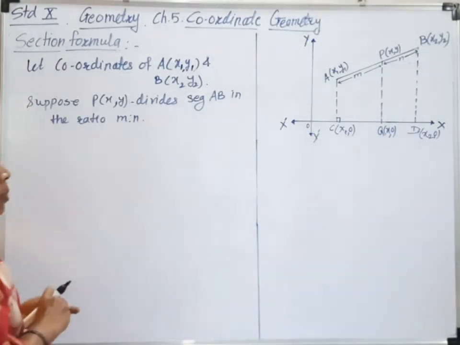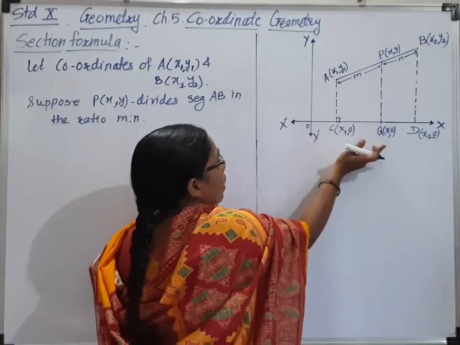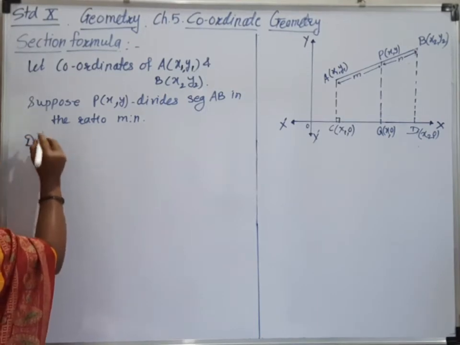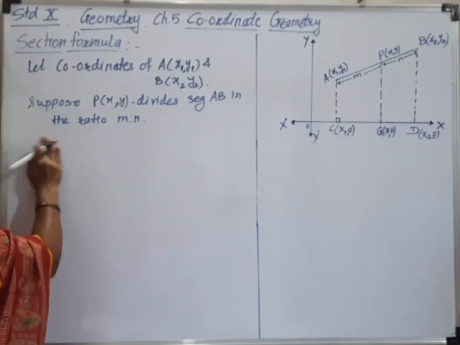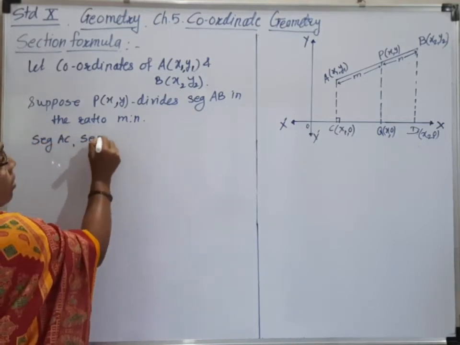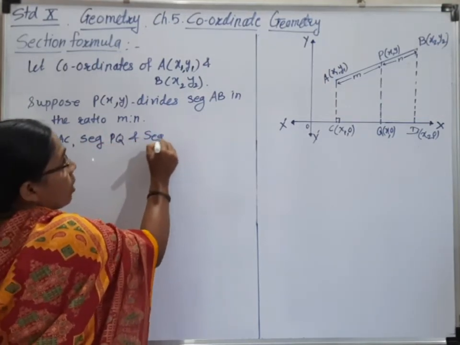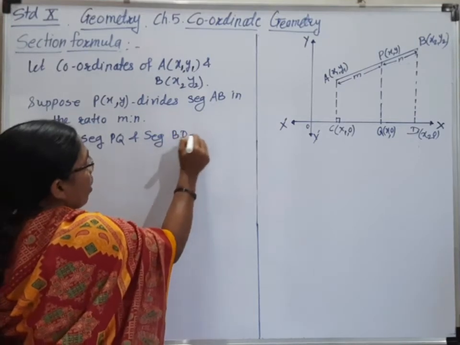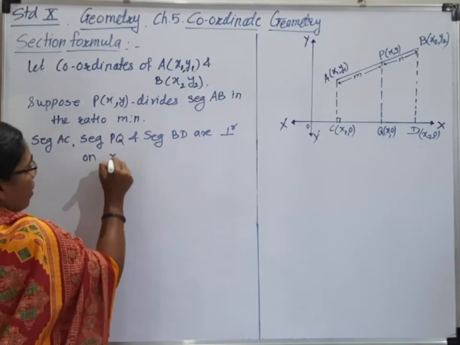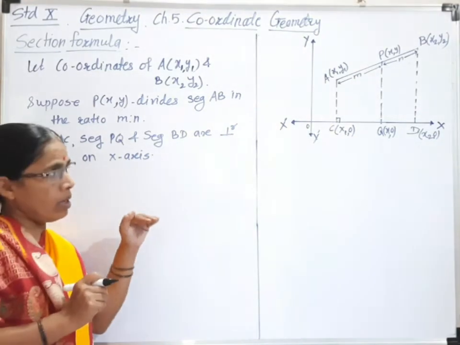Now we have to draw the perpendiculars from all 3 points A, P and B on the x-axis. So draw the perpendiculars, segment AC, segment PQ and segment BD, perpendicular on the x-axis.